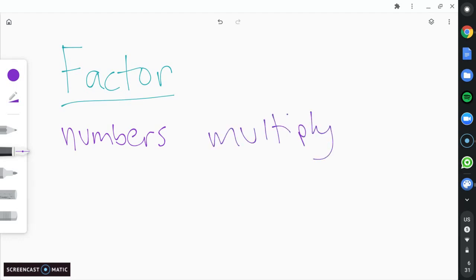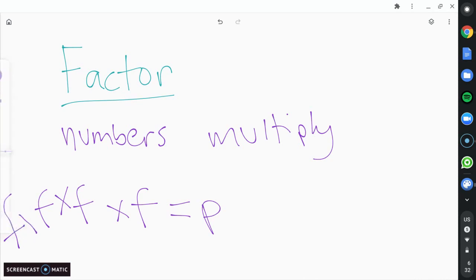And then when you multiply a factor times a factor, you can get a product. You can have more than two factors, right? You can have a lot of factors. So that was a quick review on what is a factor.